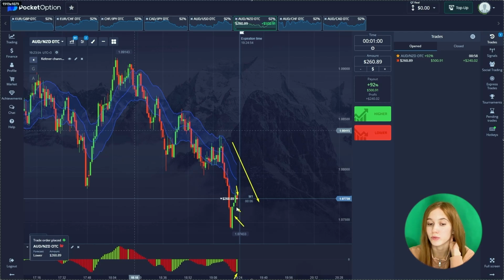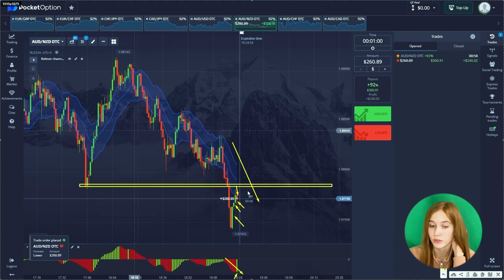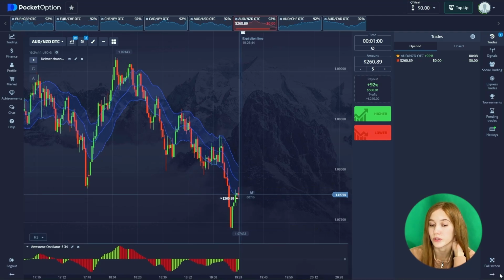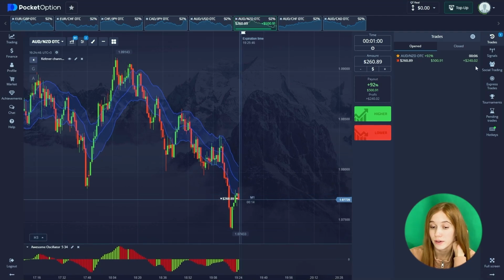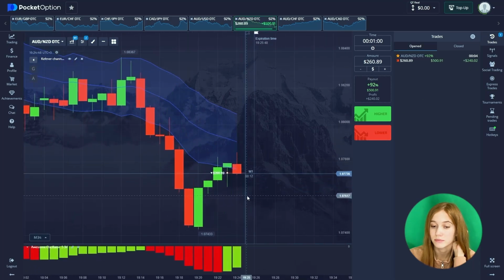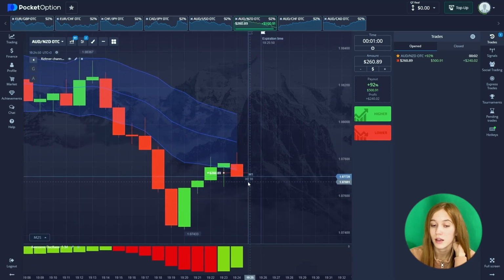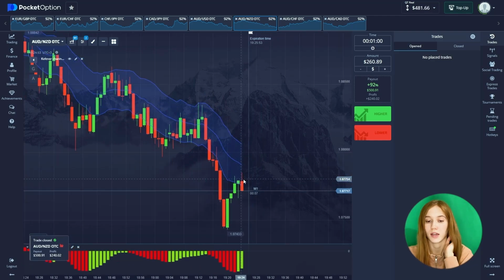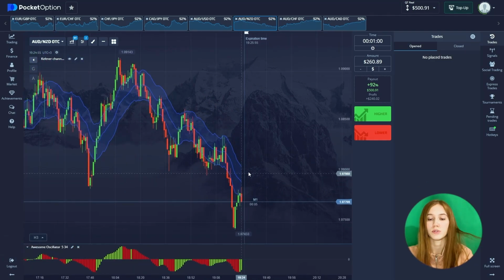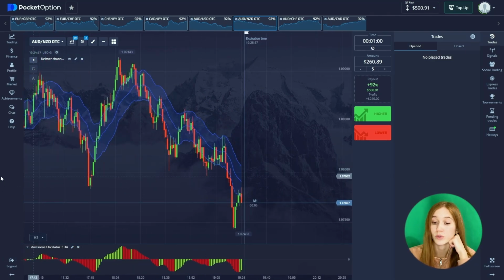Just one bar was formed due to this channel drawdown. This downward trend also remains predominant. We do not have a support area as such, so we will continue to move lower. 5 seconds left until the end. And yeah, good deal, 240.